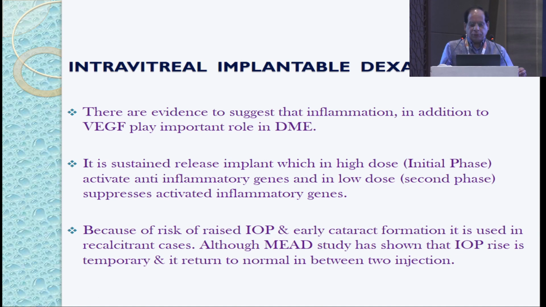Regarding intravitreal steroids, there is evidence suggesting that inflammation in addition to VEGF plays an important role in DME, but because of the risk of raised IOP and early cataract formation, it is used in recalcitrant cases.